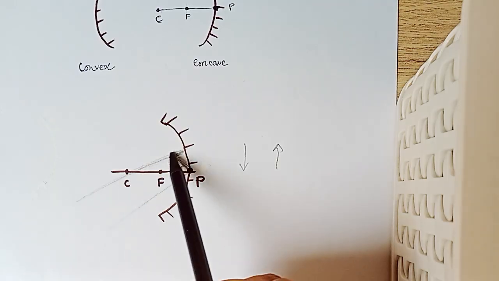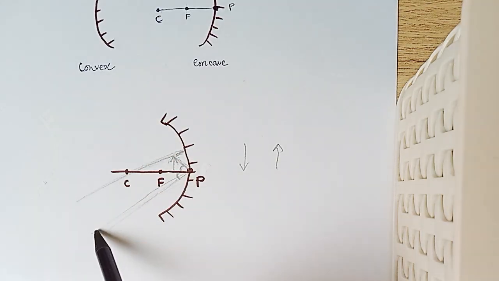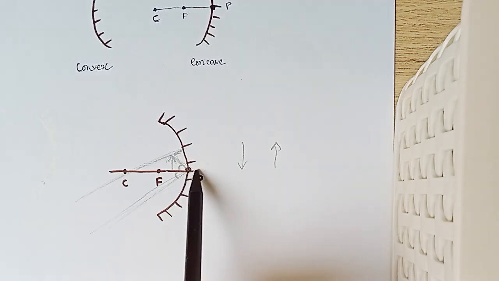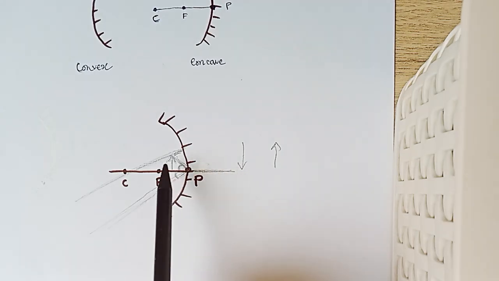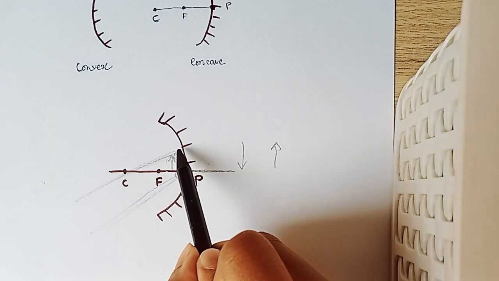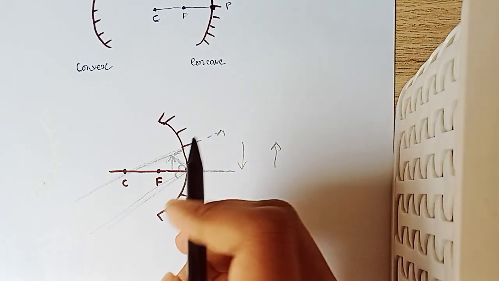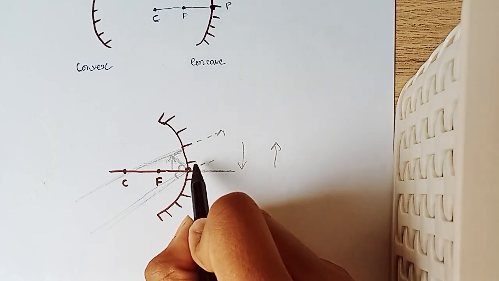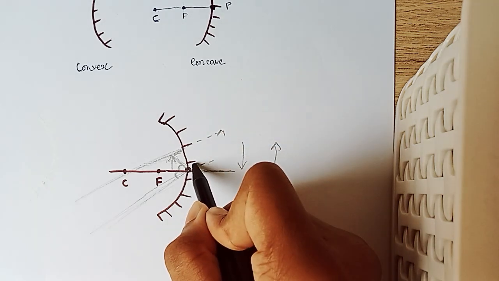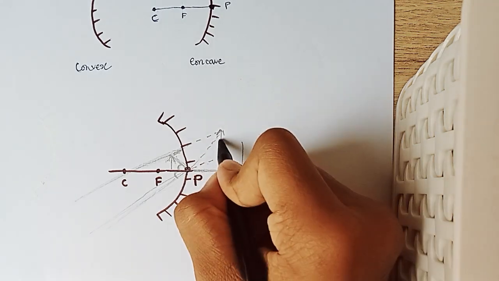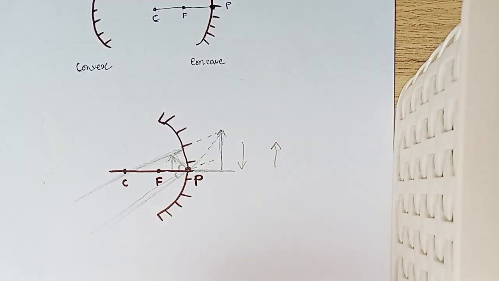After it goes, the image will be formed behind the mirror. See, this ray will continue till this point, and then this ray goes like this. So the image will be behind the mirror.